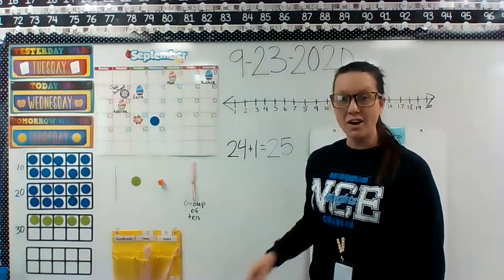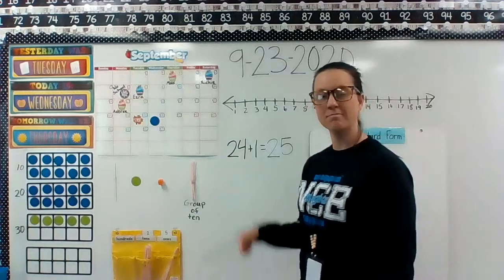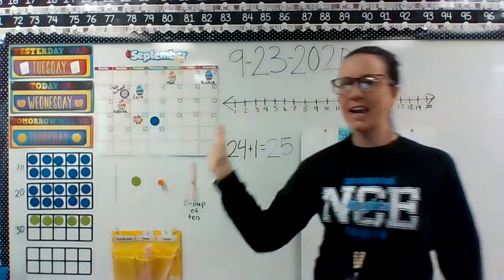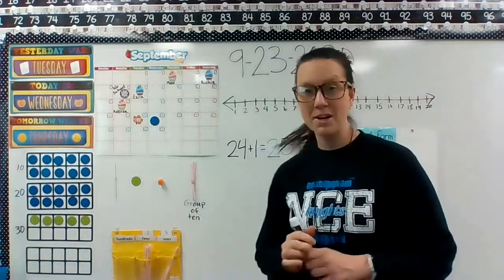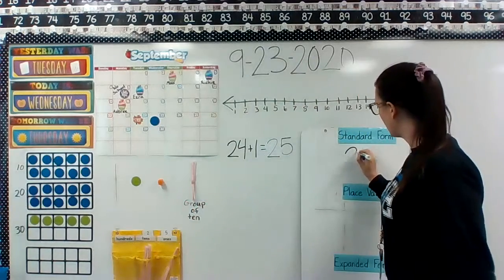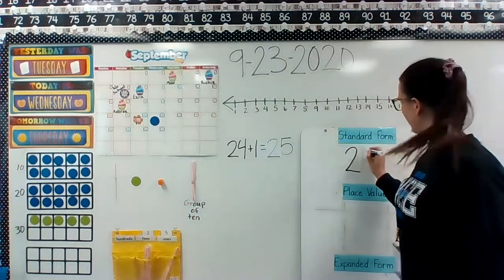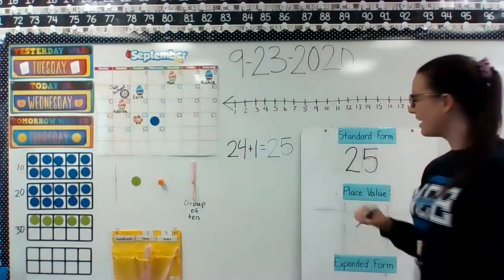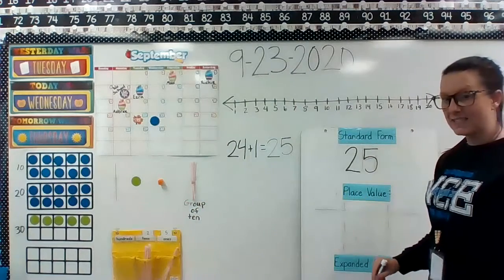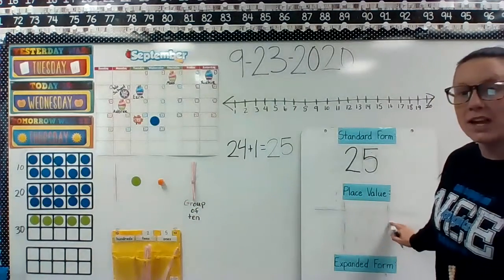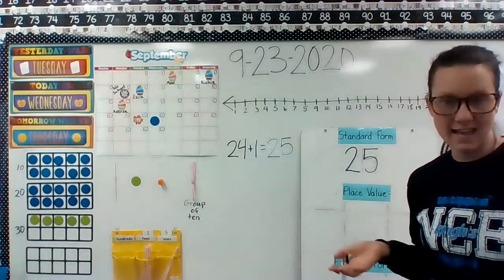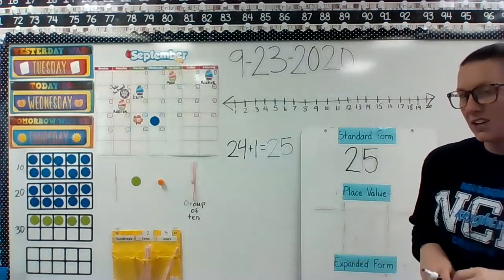I've taught you how to draw the groups of 10s and the 1s. Let's look over here. So our standard form, remember that's just the plain old number. The standard form of our number is 25, a 2, and a 5. So we have our 2 and our 5. Now, whenever we're going to draw our groups of 10s and our 1s, we have to know which place on the place value chart is the 1s, and which place is the 10s, and which place is the 100s.